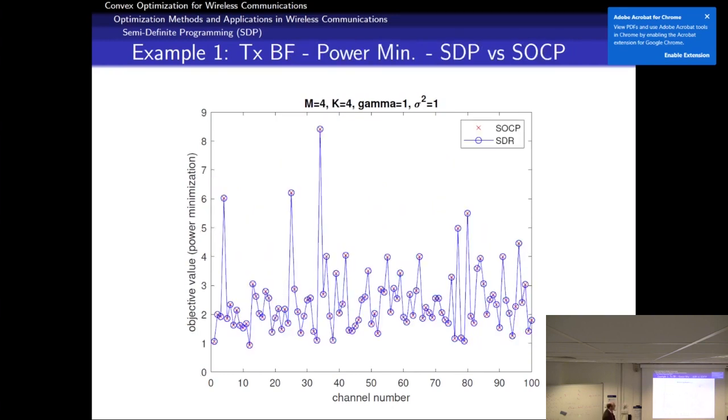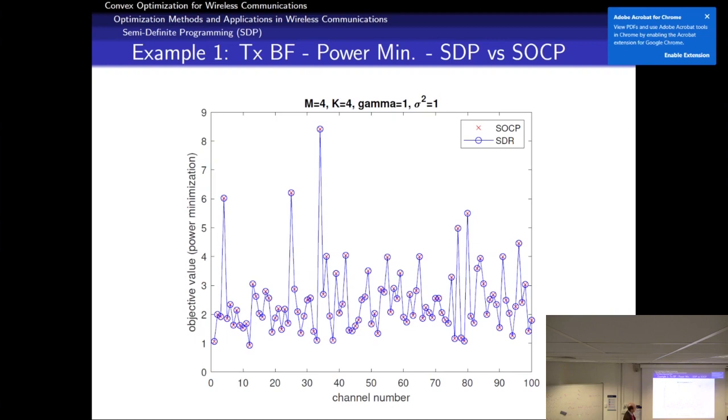Right. Let's go back to 4 antennas and 4 users. Now I have 2 solutions. I have the SOCP solution, using the first CVX code I showed you. And I have the SDP or SDR, semi-definite relaxation or semi-definite program, but in this case the 2 are the same because you don't need to do any relaxation.